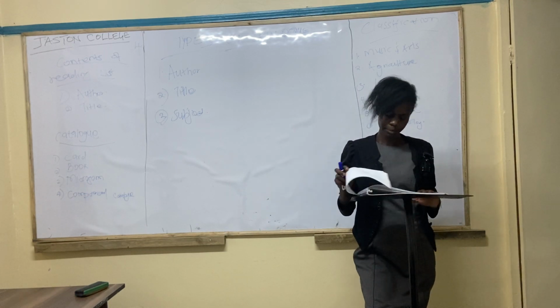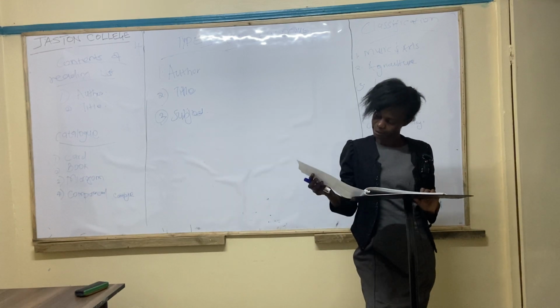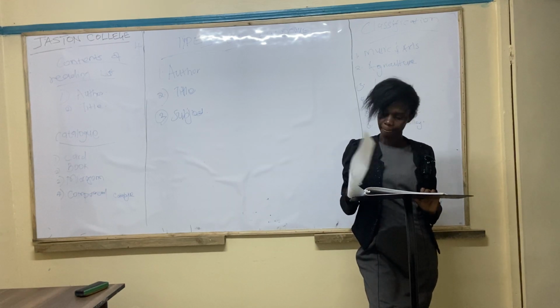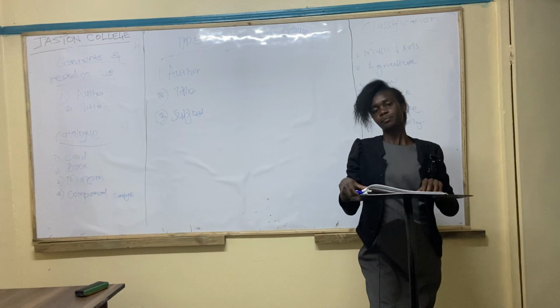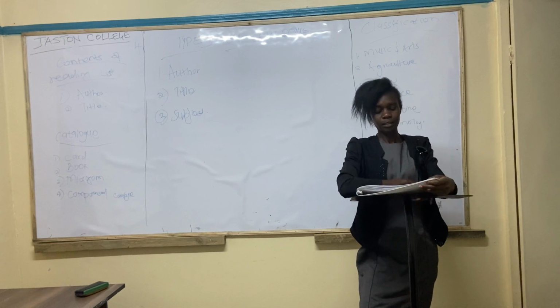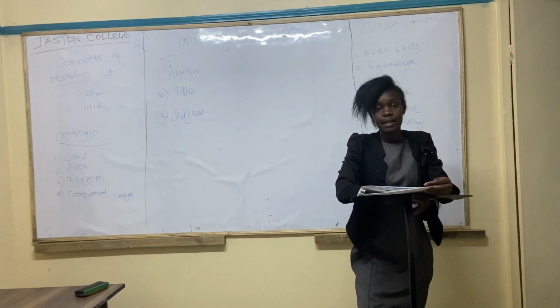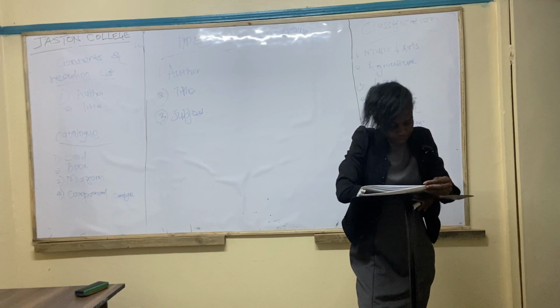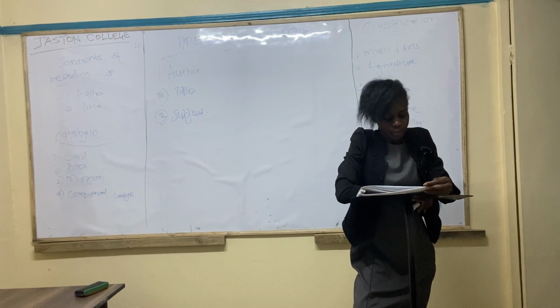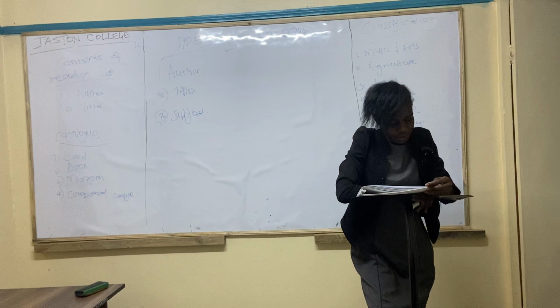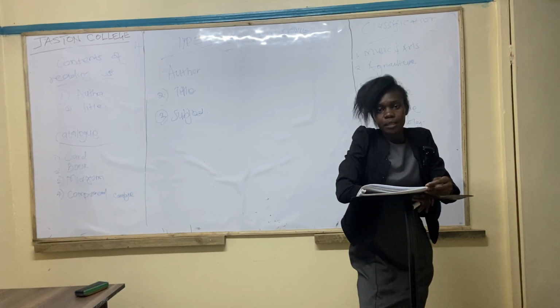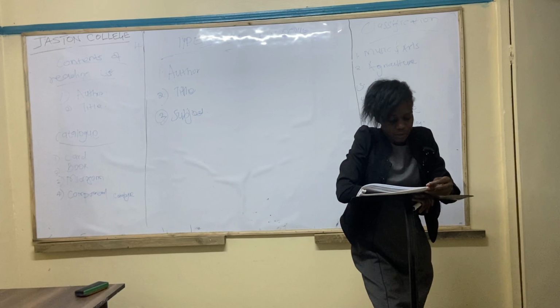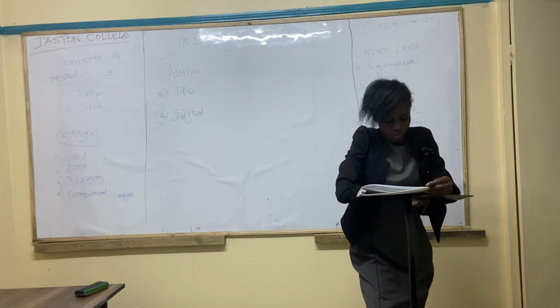For example, a dictionary gives the meaning of that subject. A handbook provides summarized facts, and we have encyclopedia. Encyclopedia contains all information of all subjects.